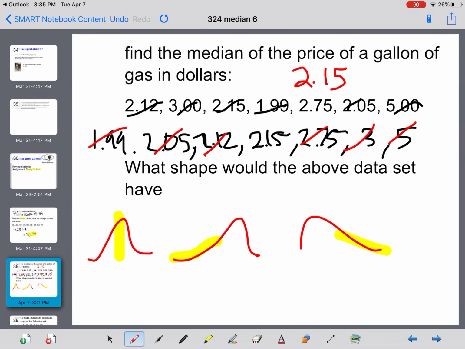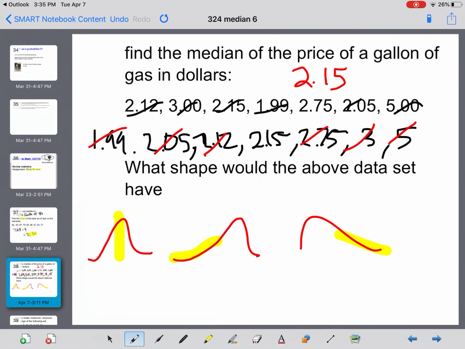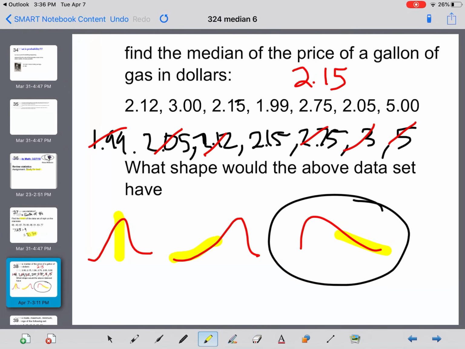So, while we haven't gone over how to draw these out, if you think about it, I would say my answer would be this one, because if we look, the data sets up there are all kind of in the same group, right?